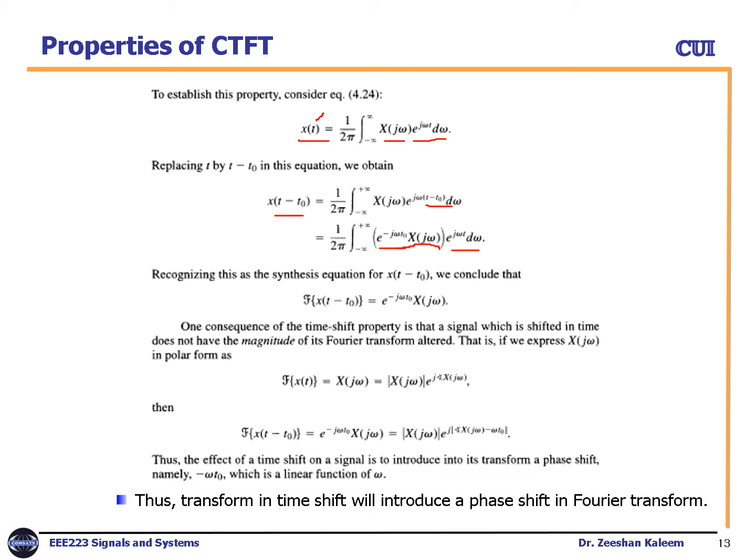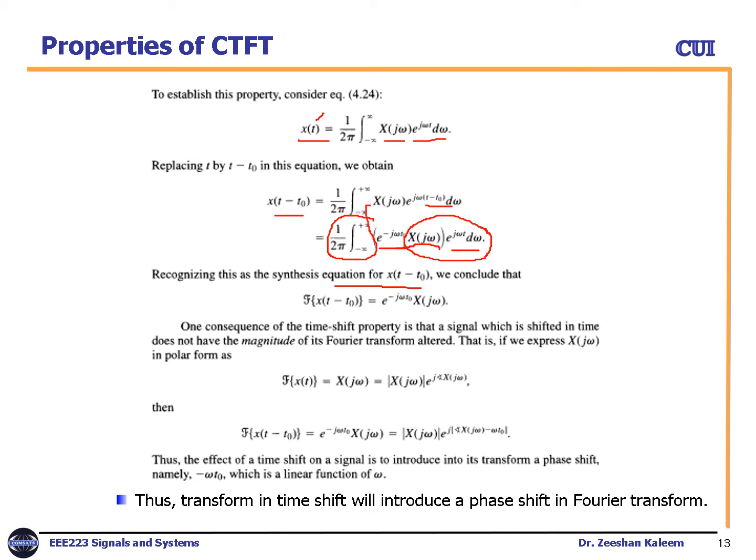Recognizing this as a synthesis equation for x(t minus t naught), we conclude that, if you separate them, for example, you know that this part, combined with the other part, is nothing else but x of t.